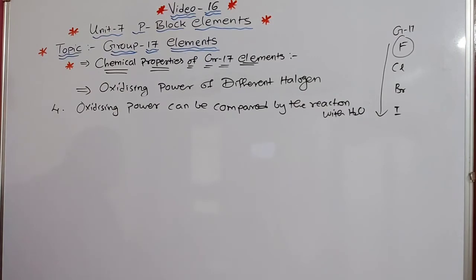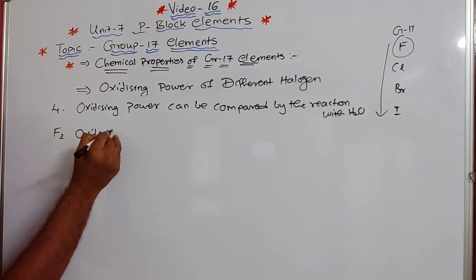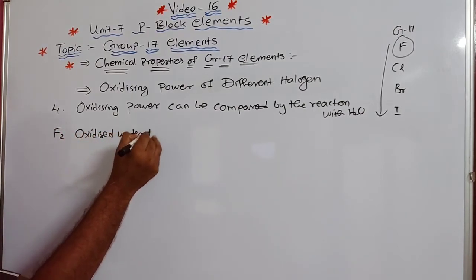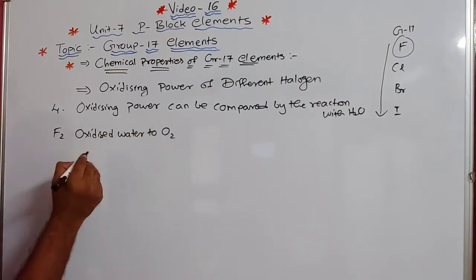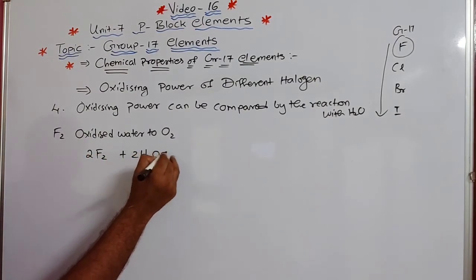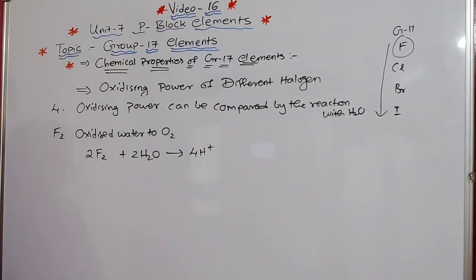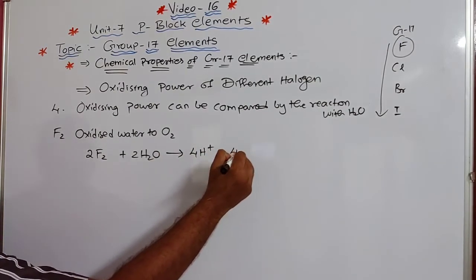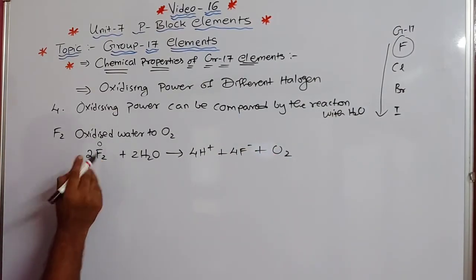In your textbook a reaction is given: F2 oxidizes water to O2. The reaction is 2F2 plus 2H2O gives 4H plus plus 4F minus plus O2. In this case the oxidation number of fluorine is 0.